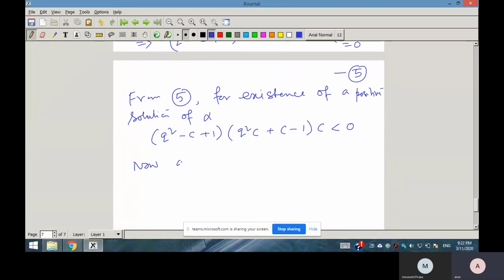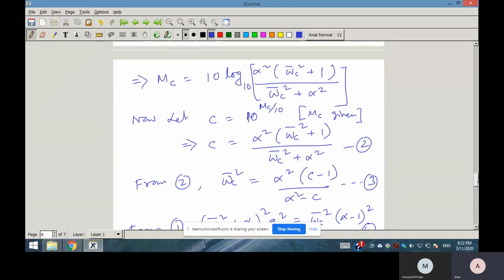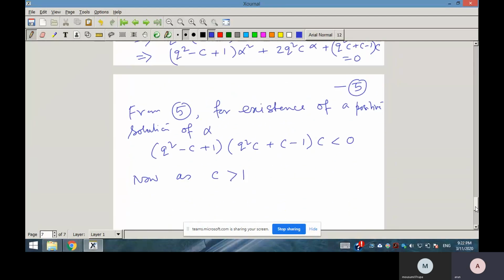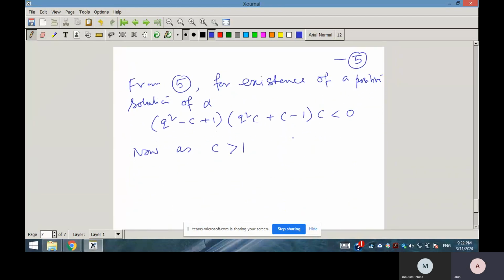Now c is 10 to the power Mc by 10, and Mc is greater than 0, so c is greater than 1. As c is greater than 1, we have q square c plus c minus 1 into c greater than 0.